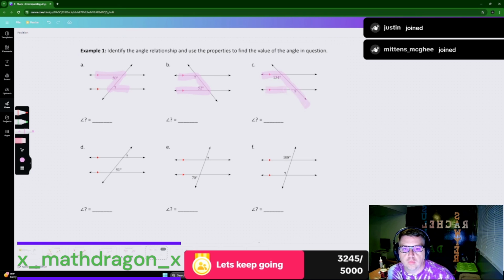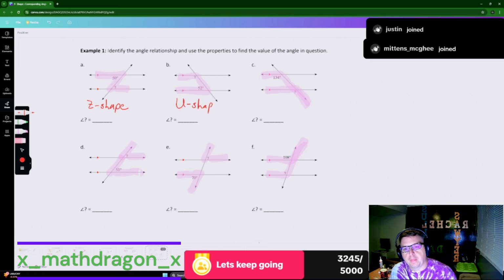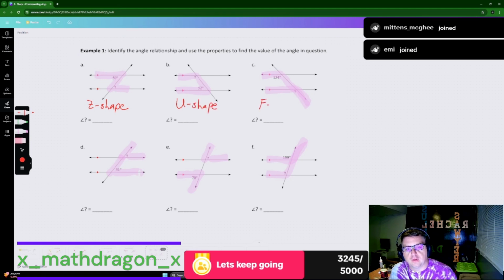And if you highlight and start to see, you'll start to see the Z shape, the U shape, the F shape.